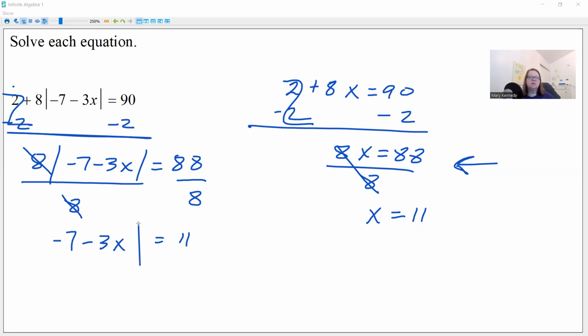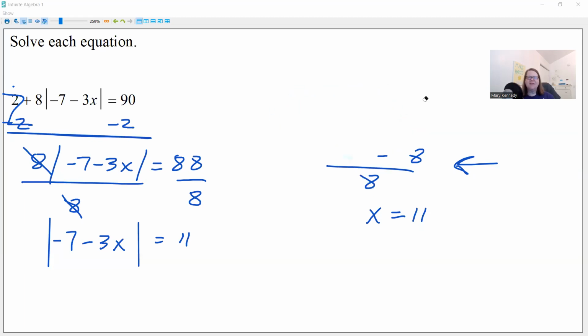Let me do a straight line. So that is now the problem that we're ready to start solving the absolute value part. We did all this just so that we could solve the absolute value. So let me erase the problem that was helping us to figure out this one.